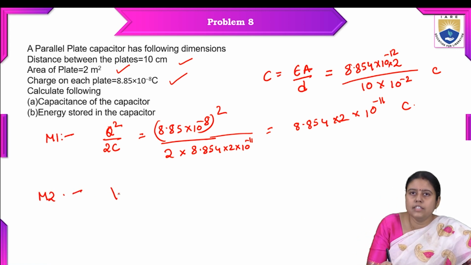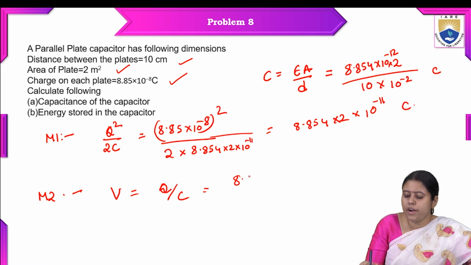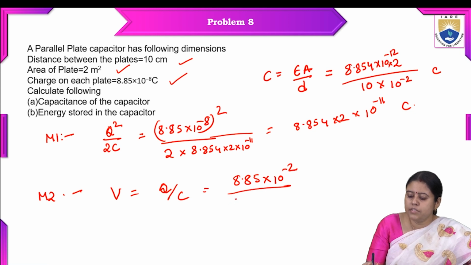What is the voltage? Voltage is equal to Q by C. Q value we know, 8.85 into 10 to the power minus 8. What is the value of C? The value of C is 8.854 into 10 to the power minus 12.